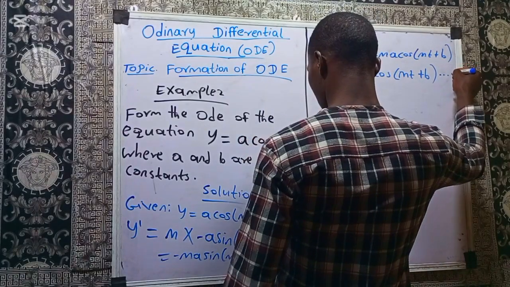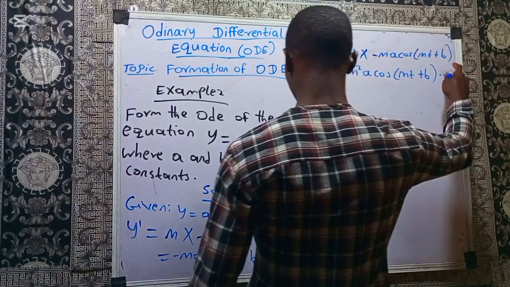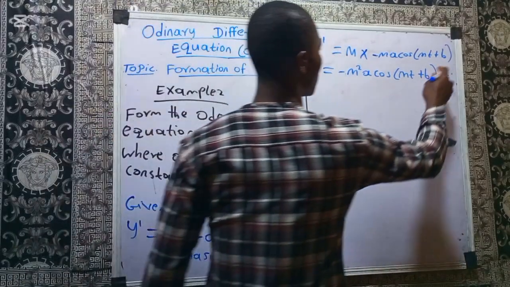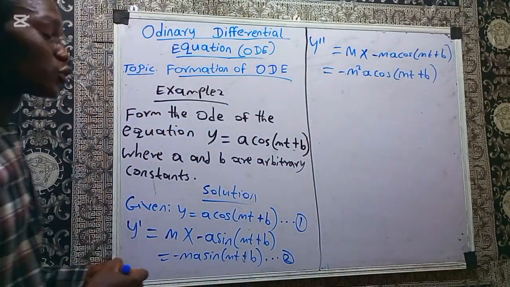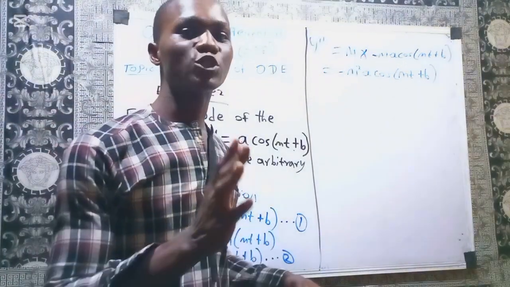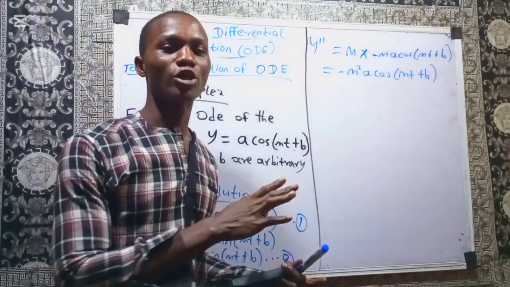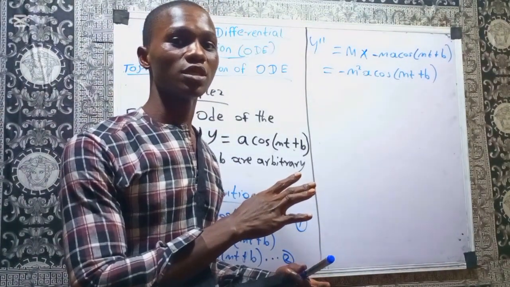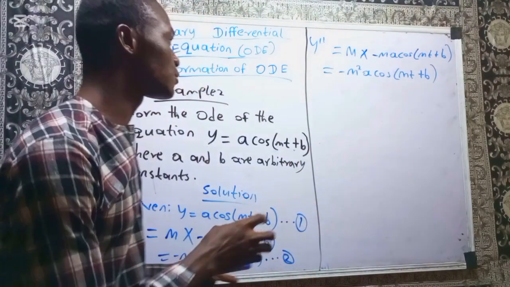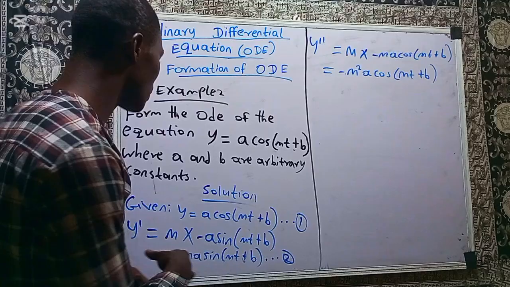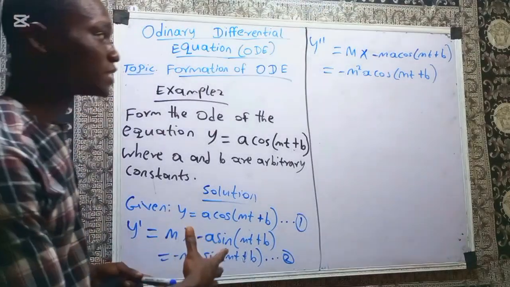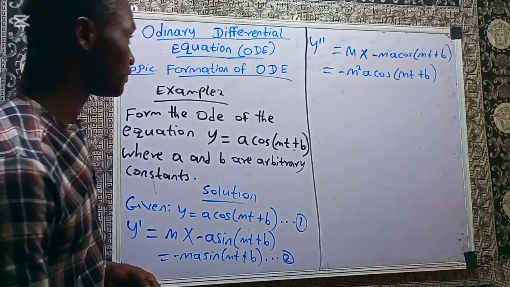I will now call this one equation 3. But before I call it equation 3, let's see what we are going to have. Remember, I told you that after your differentiation, you are going to write the result in terms of the dependent variable and its derivative. So my result should be in terms of y, which is the dependent variable, and its derivatives.